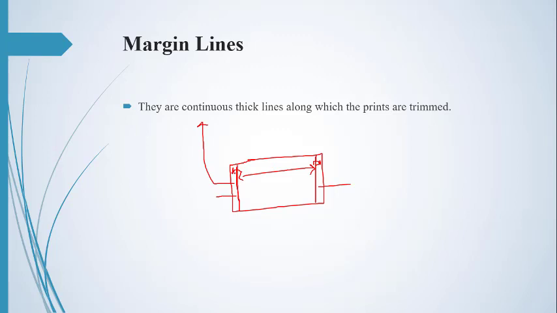The drawing must not be added here. These areas would not be available in our printing because of the margins. So these lines show that the area or the sides that are here cannot be printed.